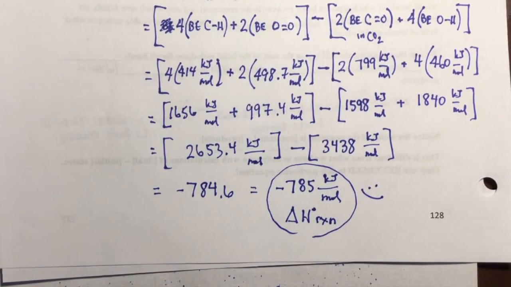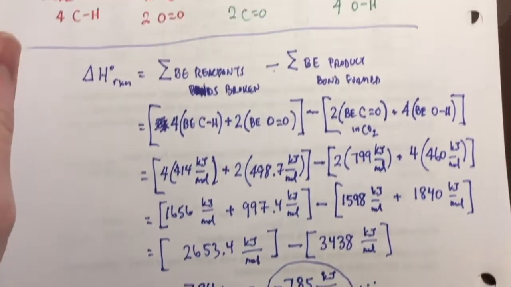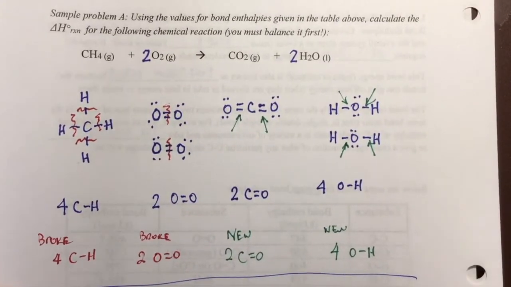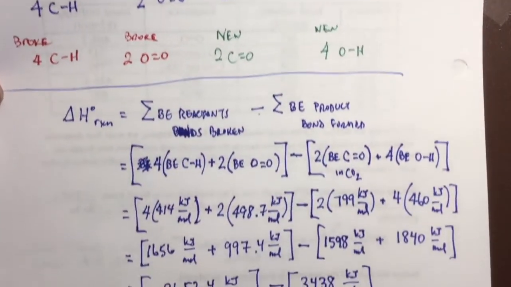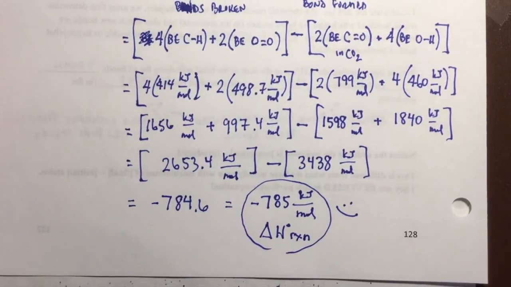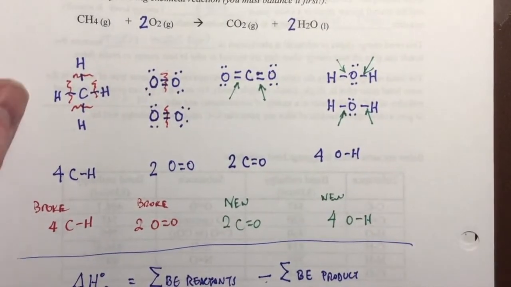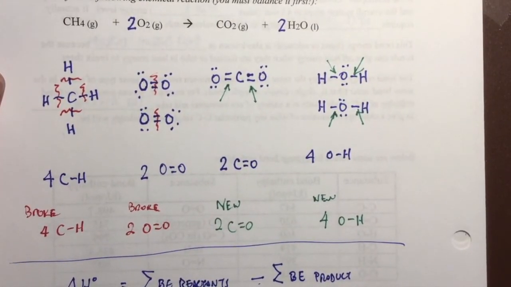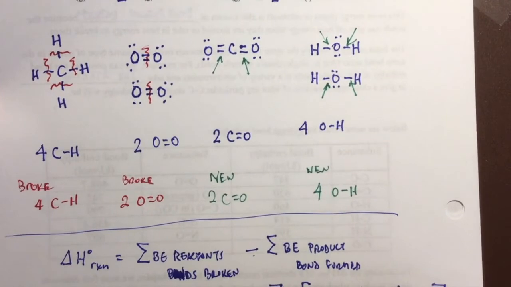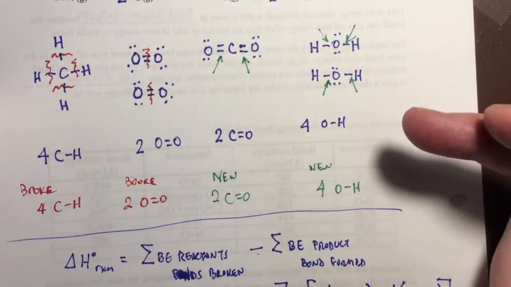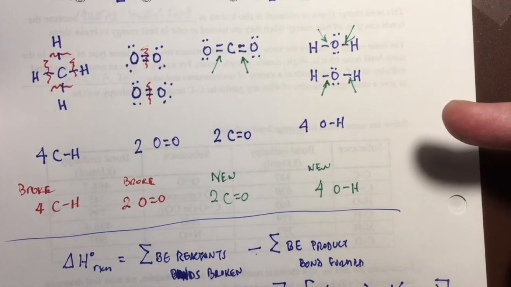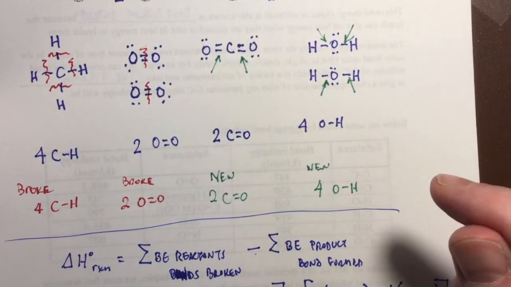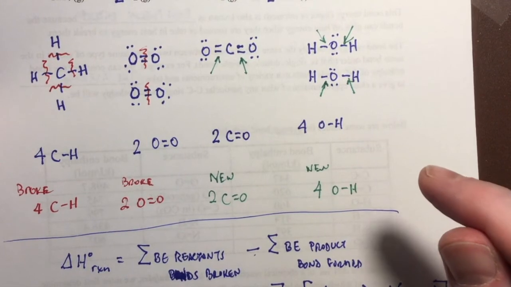Okay, a couple of issues that I want to raise with you about the bond enthalpy method. Look at all this. Look at everything that we had to do in order to calculate the delta H naught of a reaction using this method. It's relatively more involved than if you just were given the standard enthalpies of formation, for example, or followed a Hess's law. However, that's not the main issue.